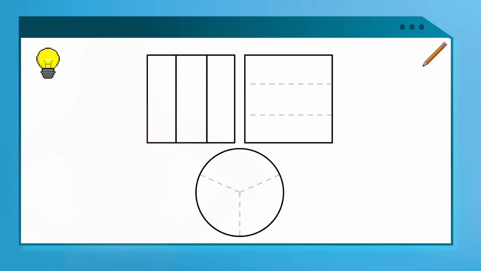The next one is very similar, but the lines cut across the shape instead of down. They nicely cut this square into thirds. The last one is quite different. What do the lines inside of this circle remind me of? The lines look like the letter Y and split this circle into three triangles that are the exact same size.